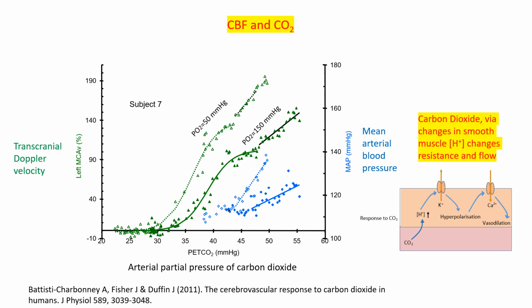Note too that blood pressure, the blue lines, was also measured in these experiments and acts as a confounder because changes in blood pressure directly affect blood flow. In this individual, blood pressure was constant until a threshold partial pressure of CO2 was reached around 45 millimeters of mercury.